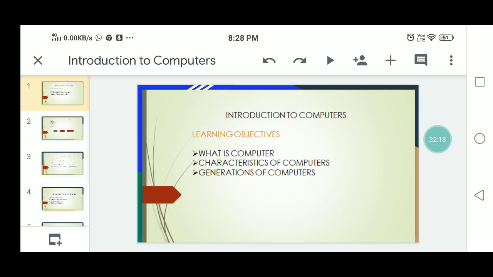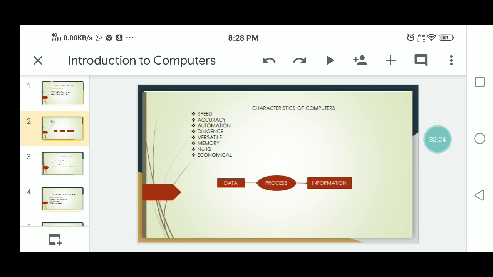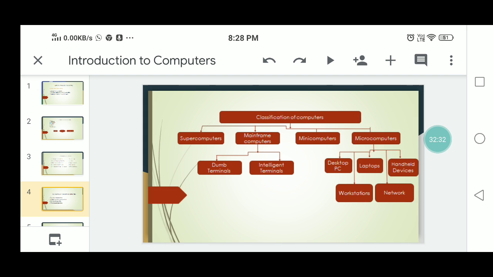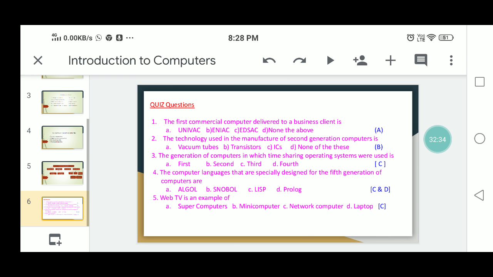First of all, we learned what a computer is, characteristics of the computer, the generations of the computer. After that, the computers we use today depending upon usage. Then last one is the quiz questions about this whole class.